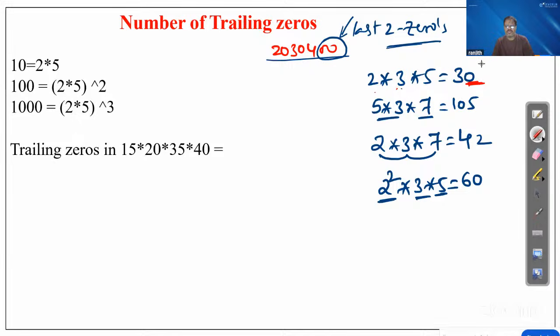If I want to get one 0, compulsorily we need 2 and 5 in the multiplication. So only if 2 and 5 are here do we get one 0. If we observe here, 5 3 7 gives 105, which has no trailing zeros. 2 3 7 gives 42, which also has no trailing zeros. For one trailing zero, it has to be compulsory to have a 2 and a 5, because 10 is 2 times 5.